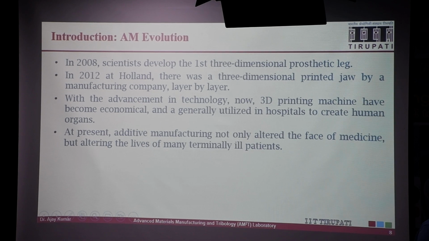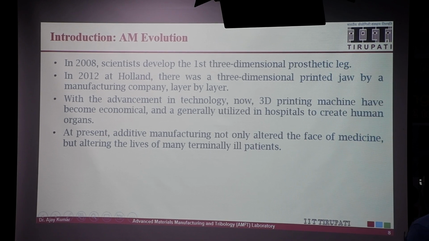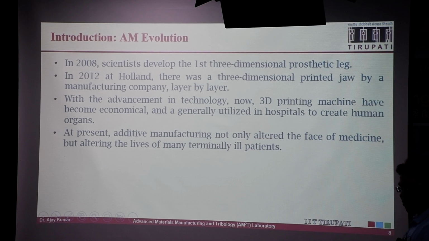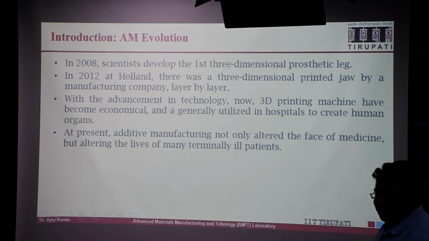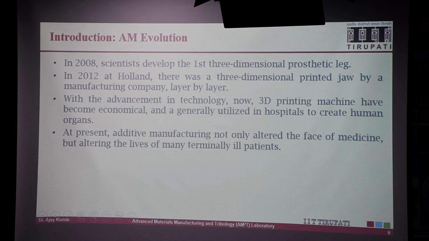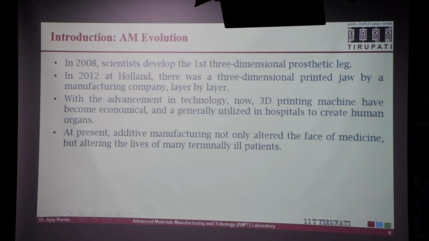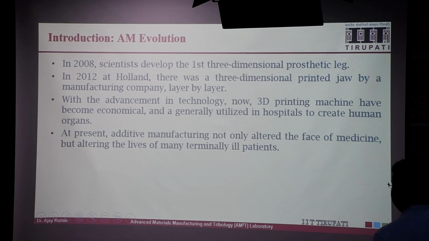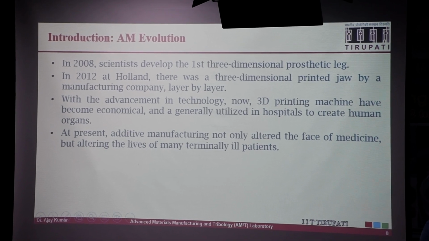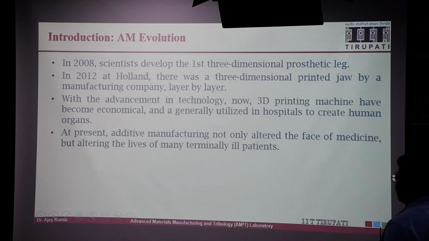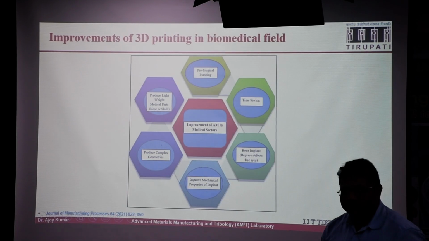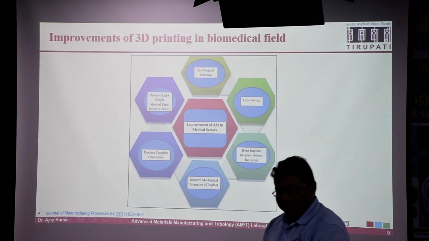With the advancement in this technology, 3D printing machines have become economical. You can see $1 lakh then, and today you can compare the price of these machines. At present, additive manufacturing has not only altered the face of medicine, but is also altering the lives of many ill patients. That is why today we are discussing this.